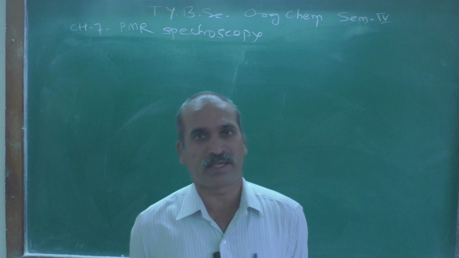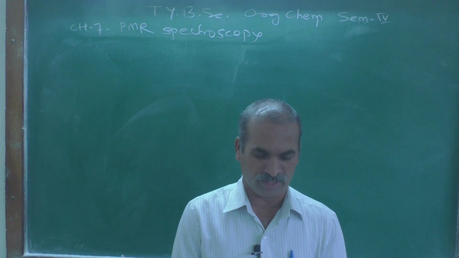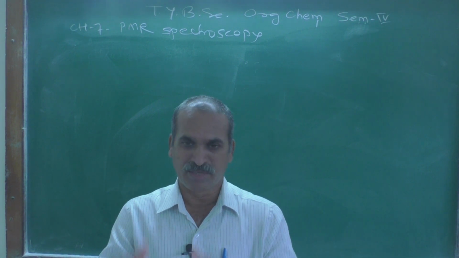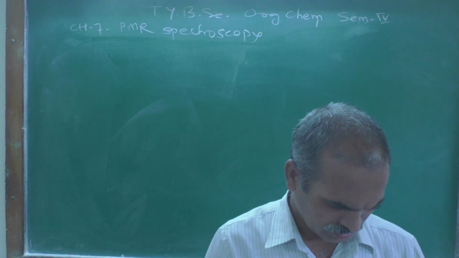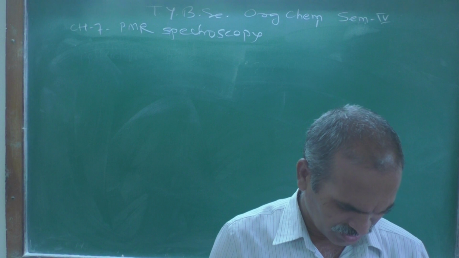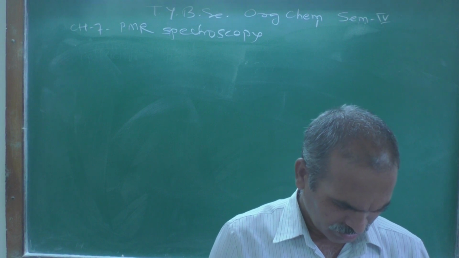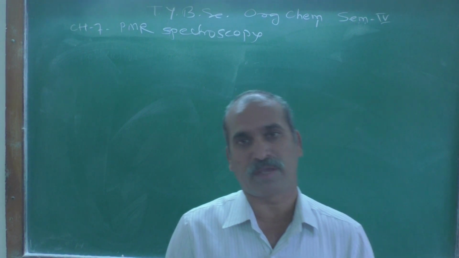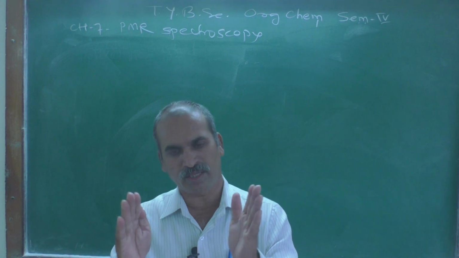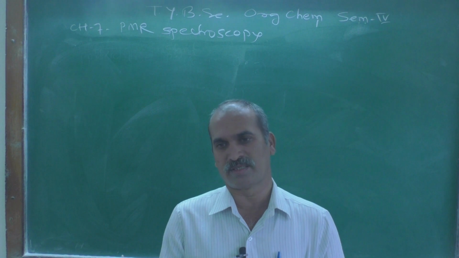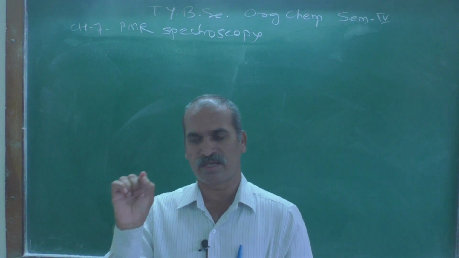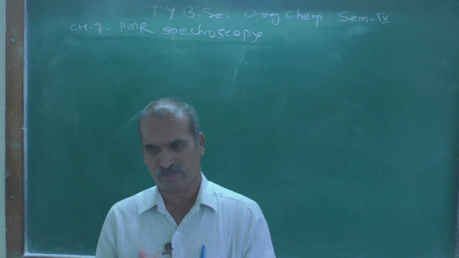Then the fourth application of PMR spectroscopy is the multiplicity of the peak. The multiplicity of the signal tells us the number of neighboring protons. For the multiplicity of the peak, there is one formula, n plus 1, where n is the number of neighboring protons.